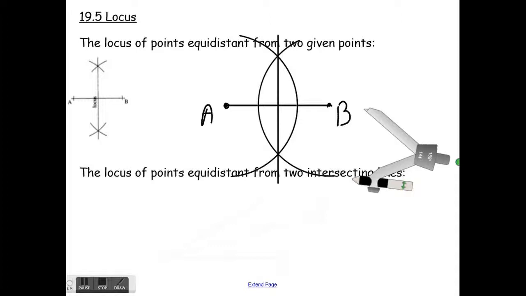Compass will always have to stay the same distance, right? Like I didn't move this, whoops. I didn't move this closer or farther. You have to keep it in the same spot for both points. Then you draw your 2 curves where they meet. That is your locus of points.